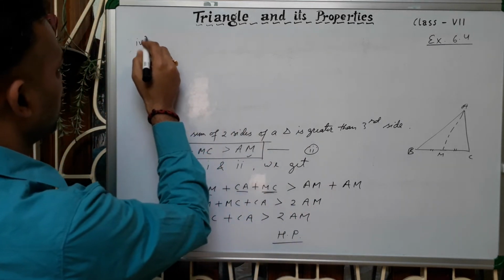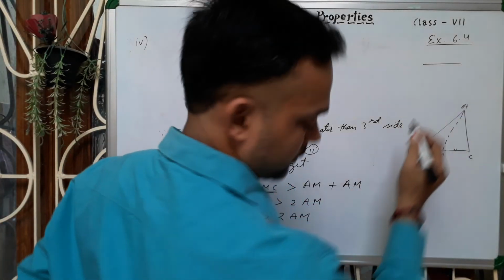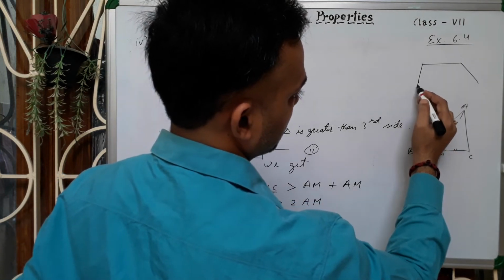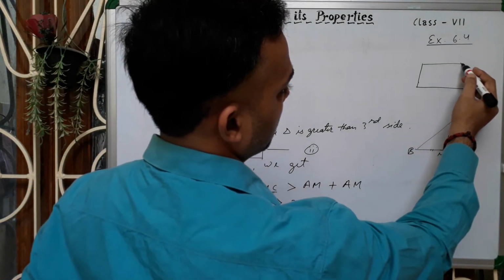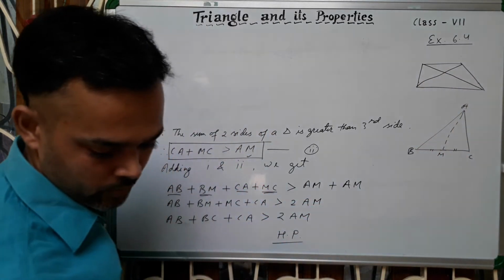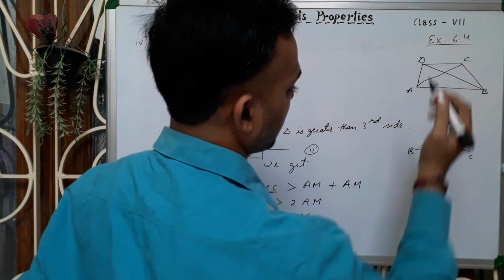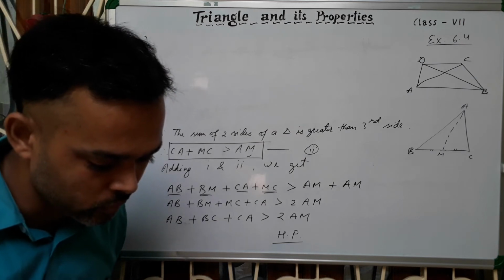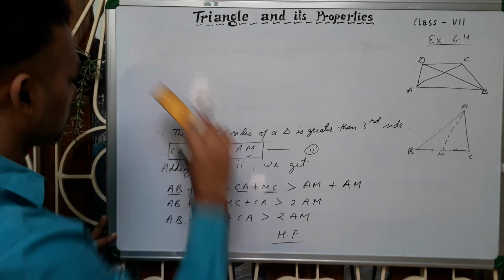Let us do the fourth part. I am drawing the figure over here. These are the two diagonals. It is A, B, C and D. Now what has to be proved over here is, sorry, it is not fourth part, it is fourth question.